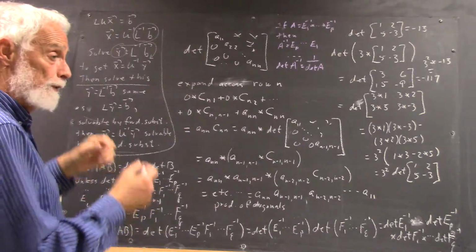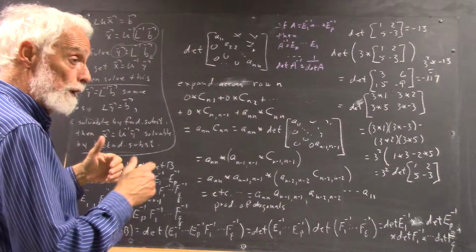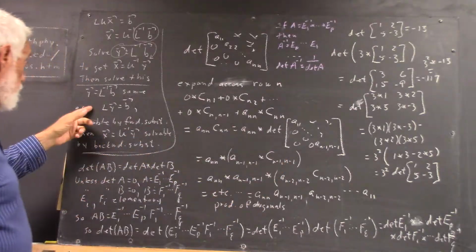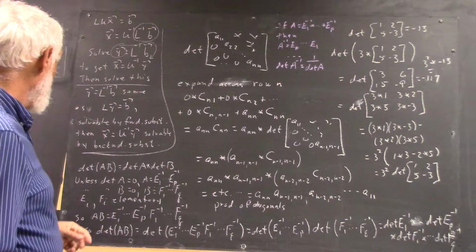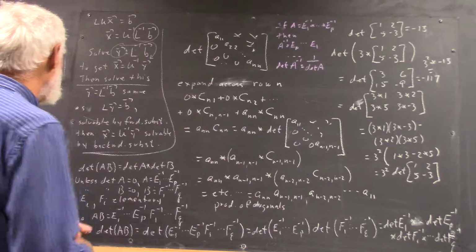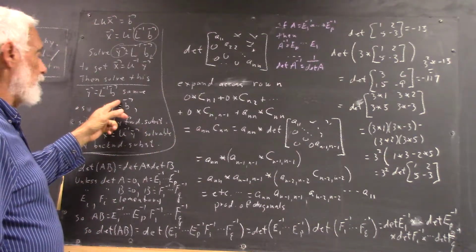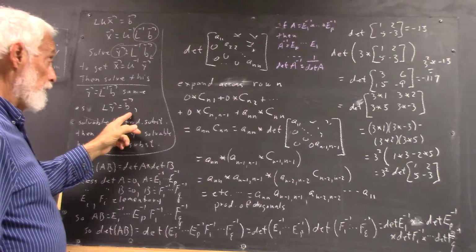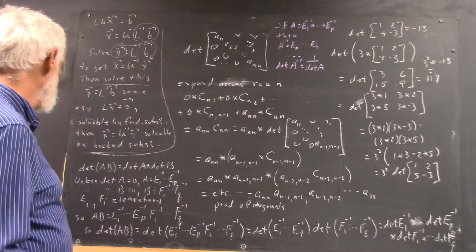Your second equation will have an x1 and an x2 term and a bunch of zeros. You'll know the x1 term, you'll be able to solve for x2 and so forth. And I'm just waving my hands over that, but we've seen that. And that's a very straightforward process that is easy to understand. Okay, so this is solvable by forward substitution. We don't bother trying to invert L. We just put it into this form, write out the equations if necessary, and use forward substitution.